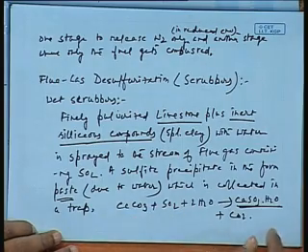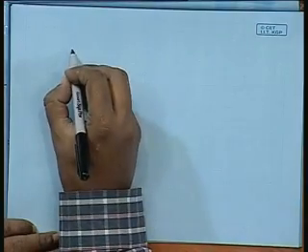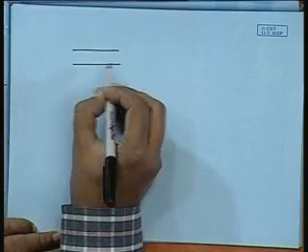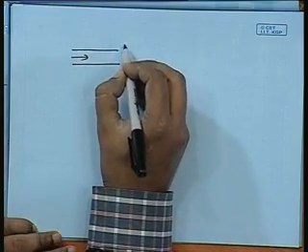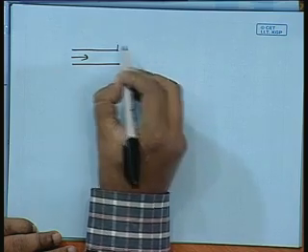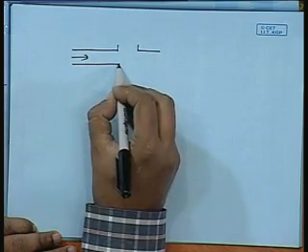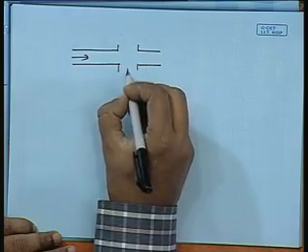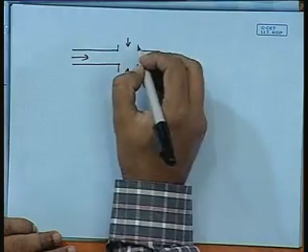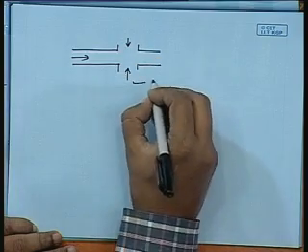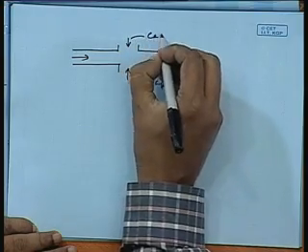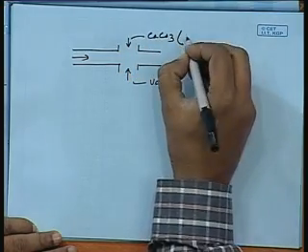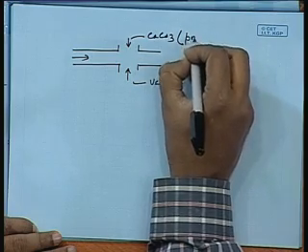What is generally done is, as you can see, a stream of flue gases, and at a particular place here we would inject CaCO3, that is powdered lime.